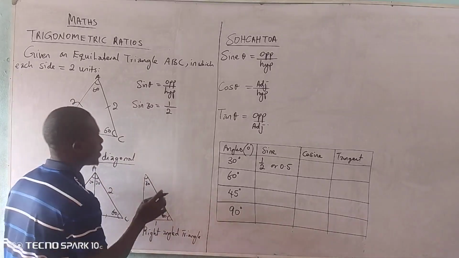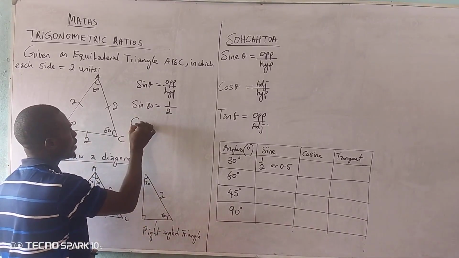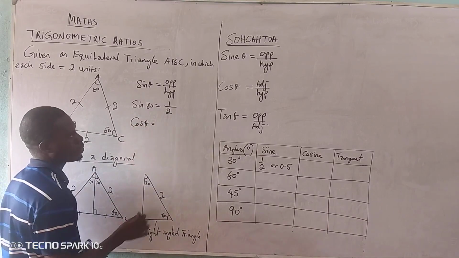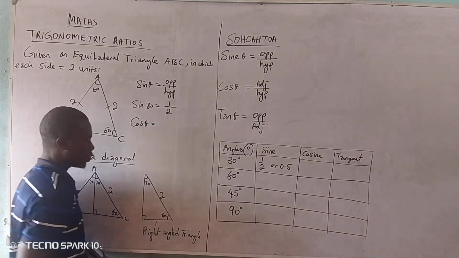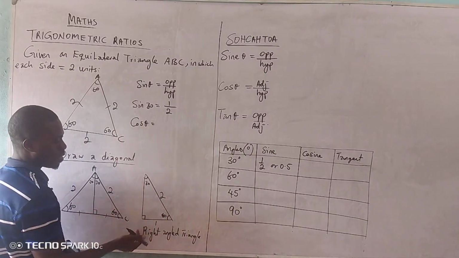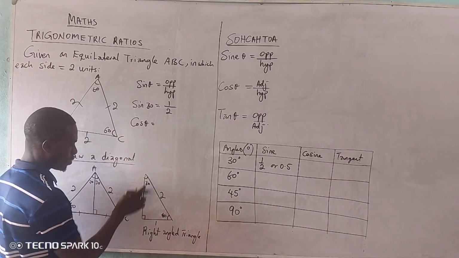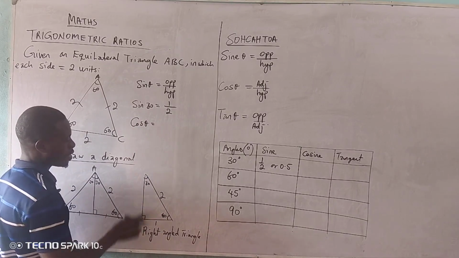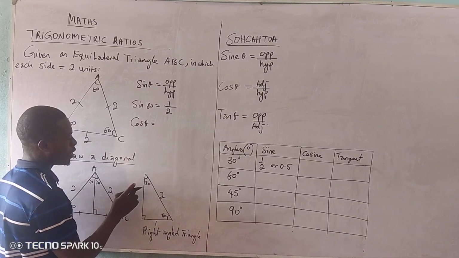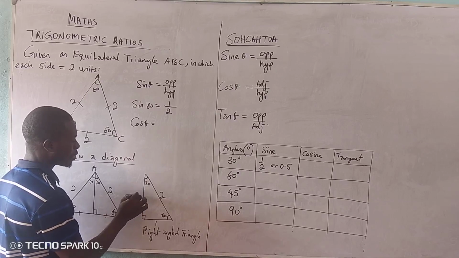So let's find cosine theta. Cosine theta is equal to adjacent over hypotenuse. From this triangle, of course, this line is the adjacent. So we need to find our adjacent. Let's call it x, unknown.